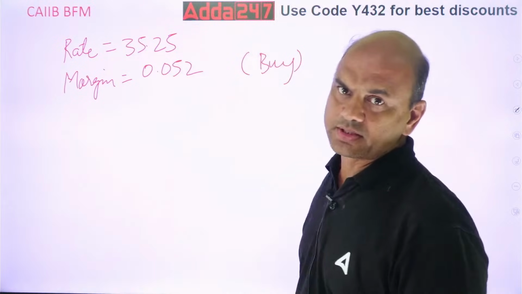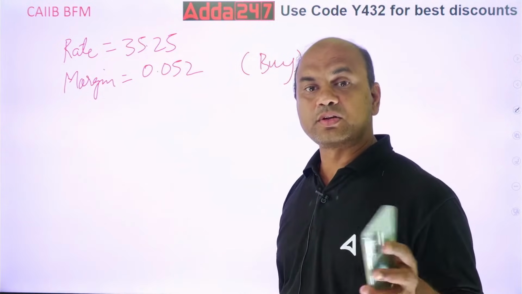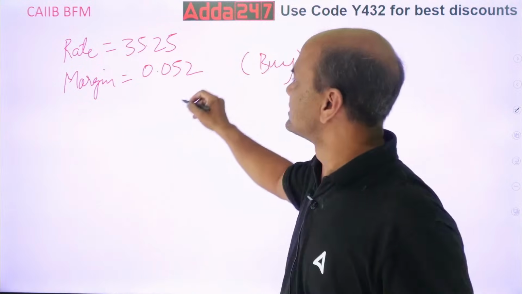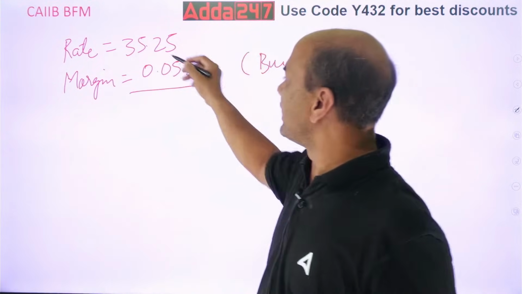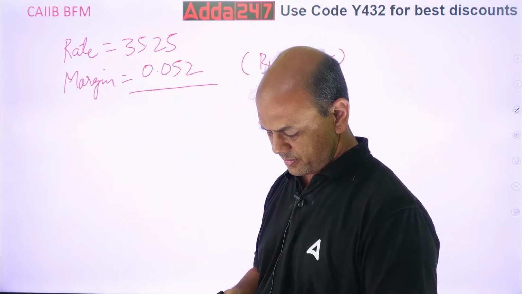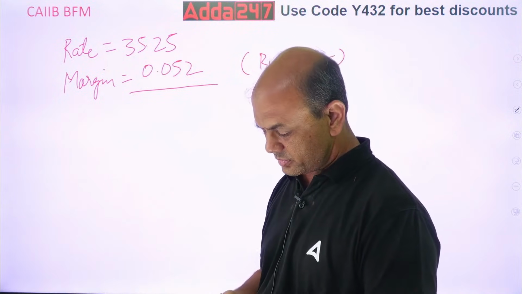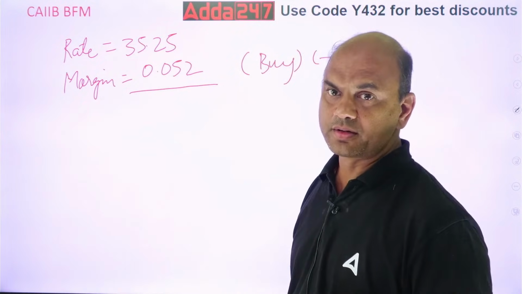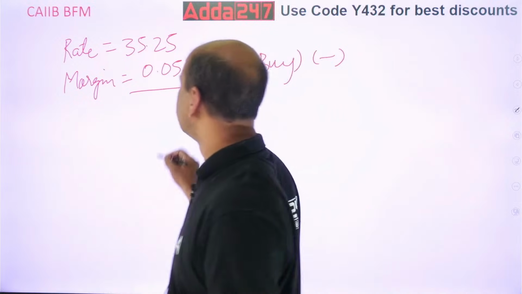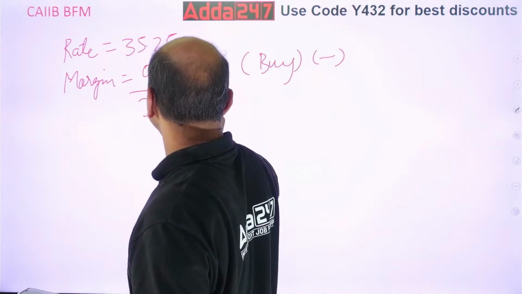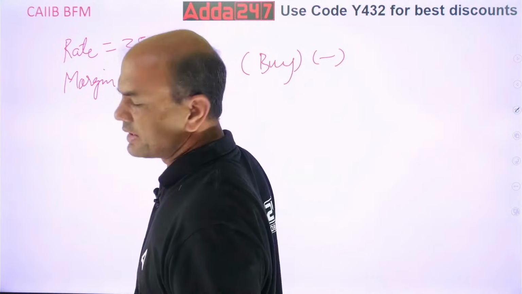TT margin is always minus. So minus this. 35.25 minus 0.0525. Do it, everyone. So you must be getting it as 35.19. So this is your latest and final answer.